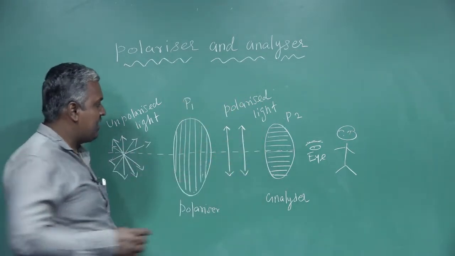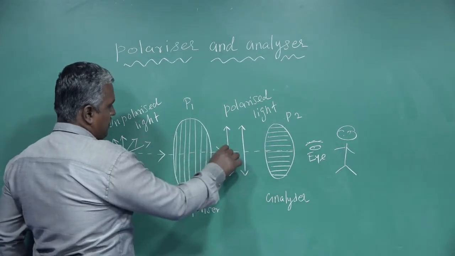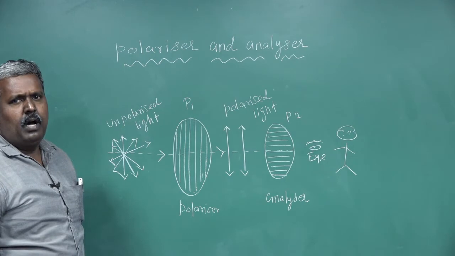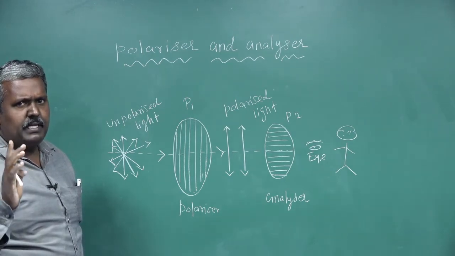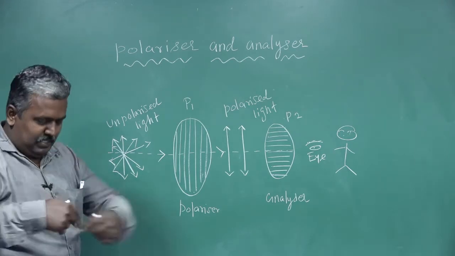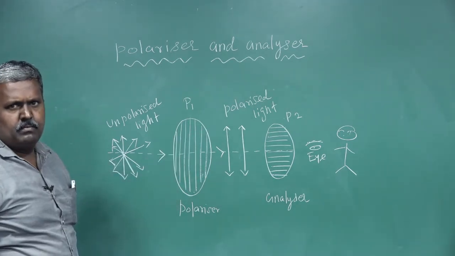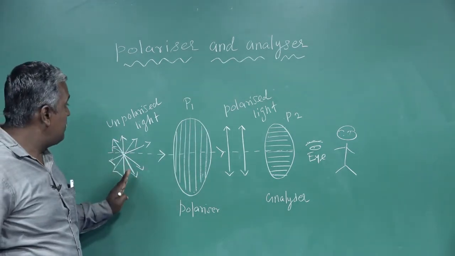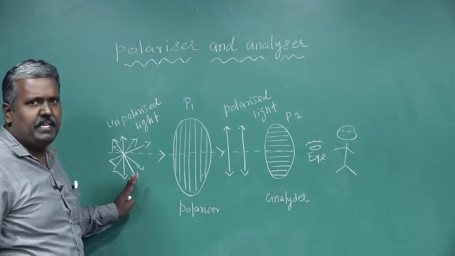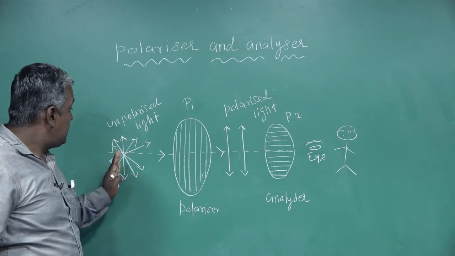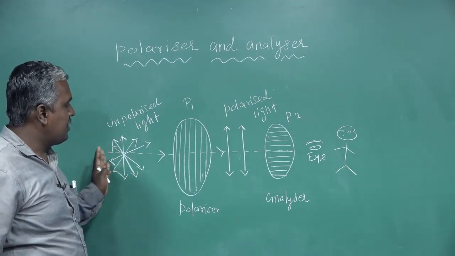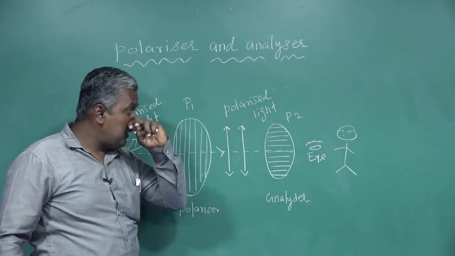This is the direction of propagation of the light beam. Unpolarized light contains vibrations in all possible directions.